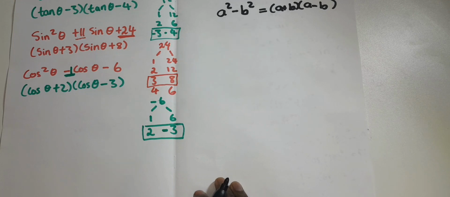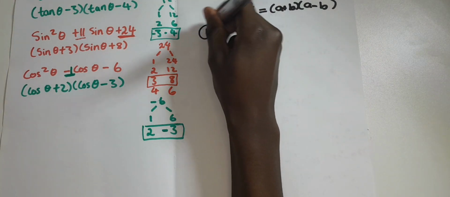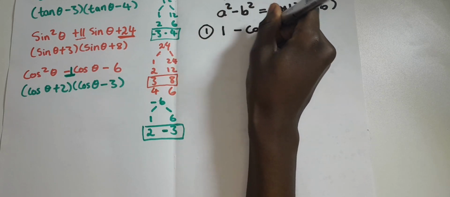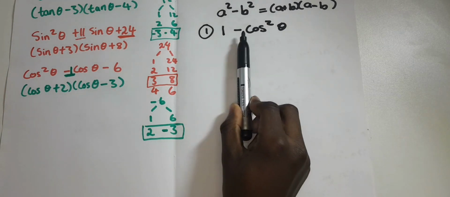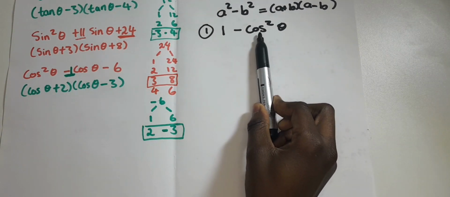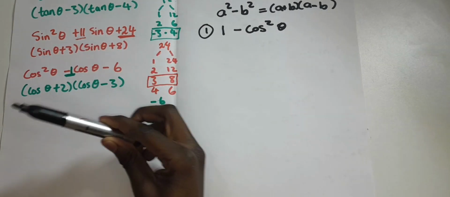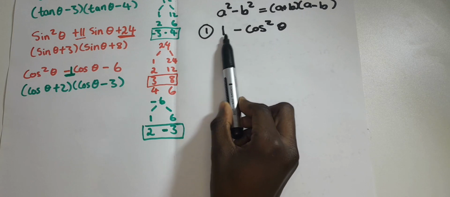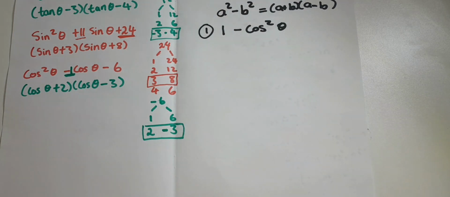Okay, so in trigonometry, it would look like what? Let's say now you're given 1 minus cos squared theta. Many learners miss that 1 minus cos squared theta is an identity of sin squared theta. You can notice that it's also a difference of two squares. Why?